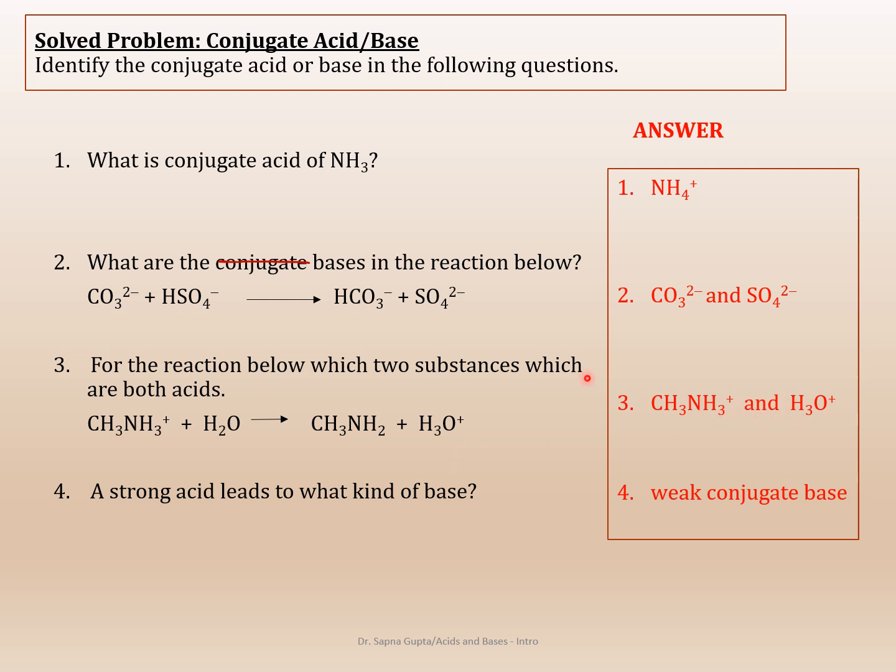And I will fix that arrow, I know it's hanging above the reaction. Anyhow, the positives are going to be the acids. And a strong acid leads to what kind of base? That's going to be a weak conjugate base. Just to go over stuff, these are the kind of questions you get from this portion of acids and bases.